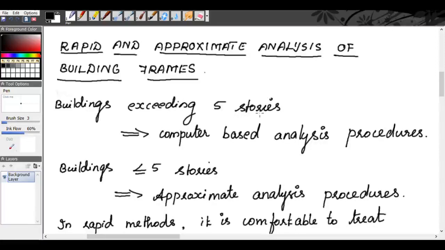These approximate methods of analysis are helpful for analyzing building frames up to 5 stories. So when the buildings are less than or equal to 5 stories, we go for approximate methods of analysis procedures.